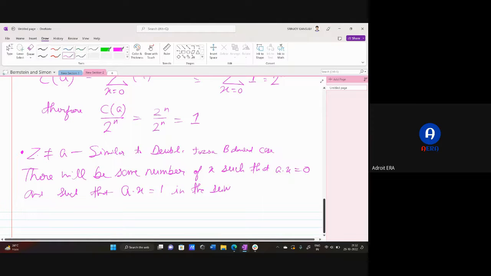So basically this is the same reason which we saw in Deutsch Jozsa also, the terms balance out and cancel out, right? As a result, the probability amplitude vanishes.